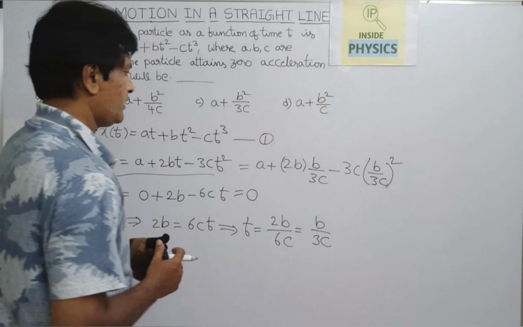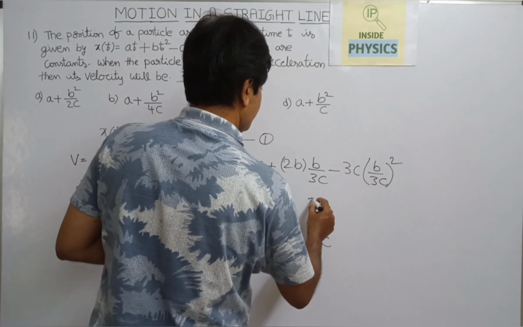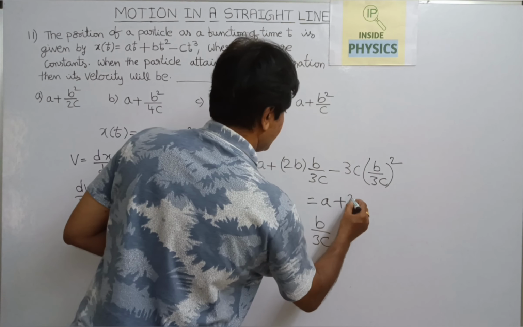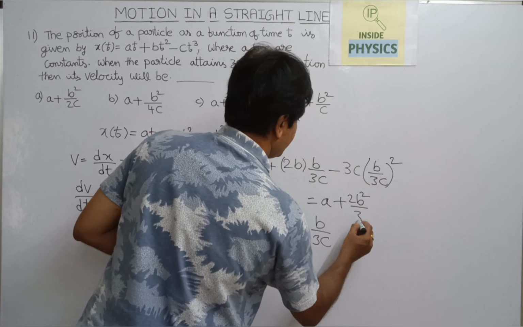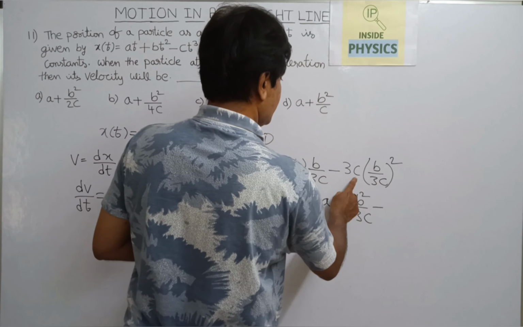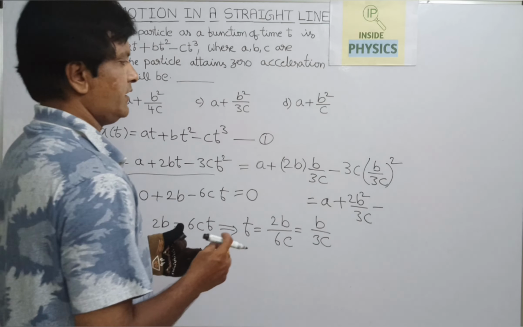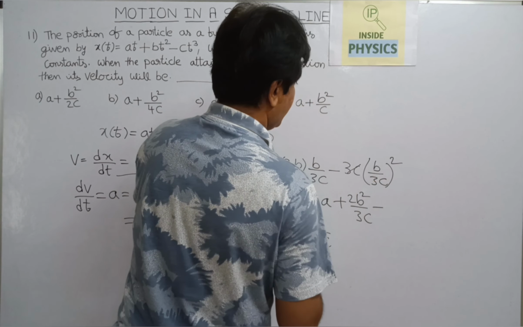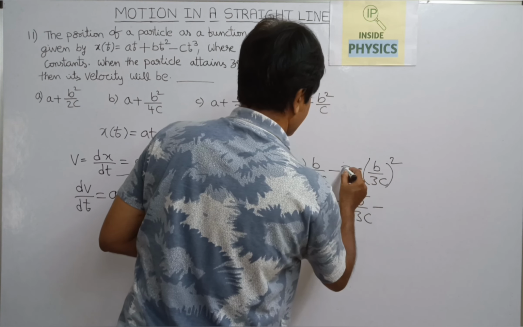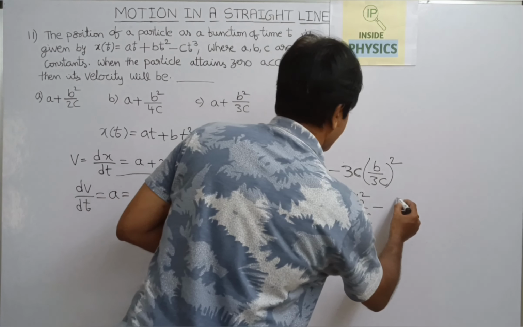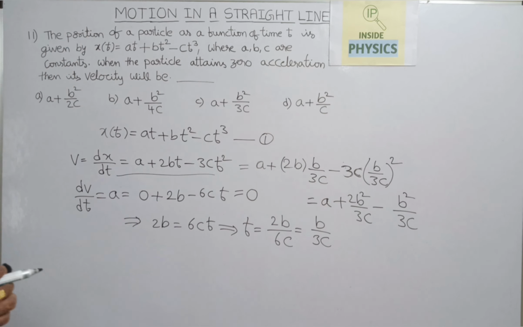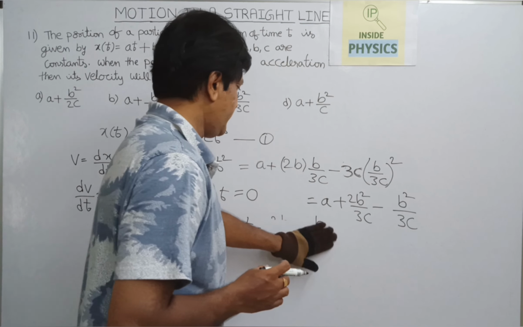Now from this it will become a plus 2b² by 3c minus, here one 3c will get cancelled. So we get b² by 3c.